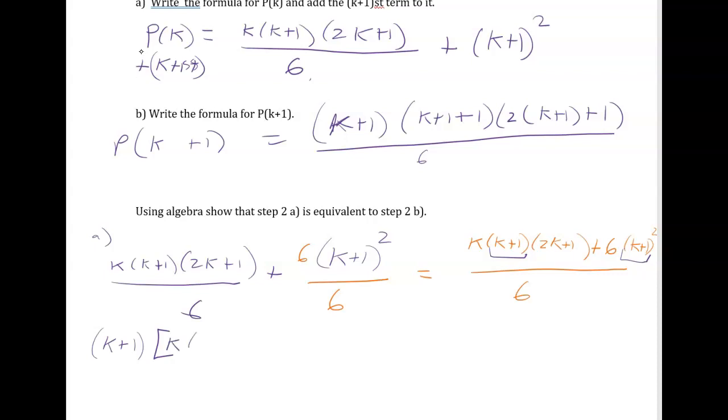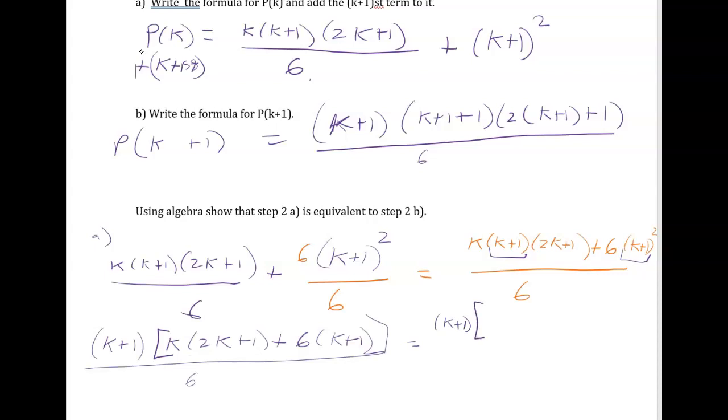Times k times 2k plus 1 plus 6 times k plus 1. And that's all over 6. And then I'm going to simplify in here. And I get k plus 1 times, oh, there's a 1 there in the braces.